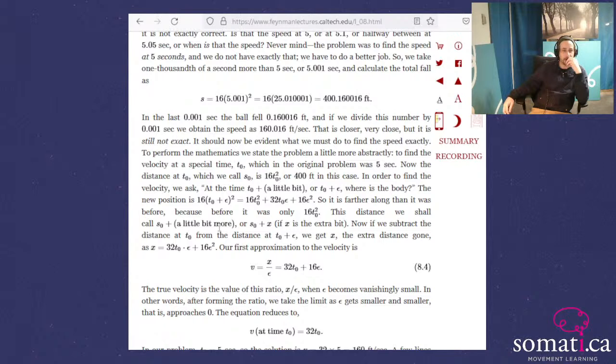At the time t naught plus a little bit, where is the body position? Oh, okay. Yeah, just expand it out.